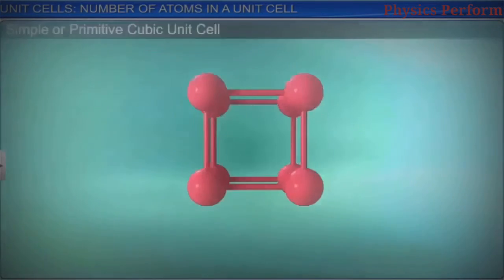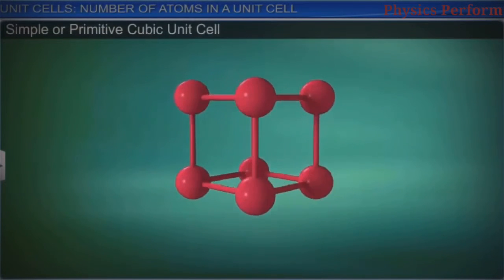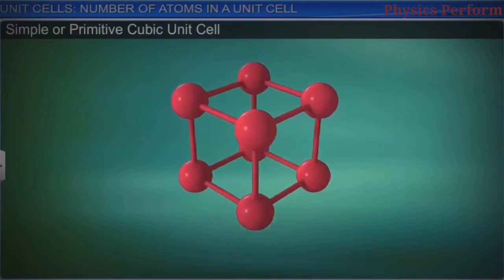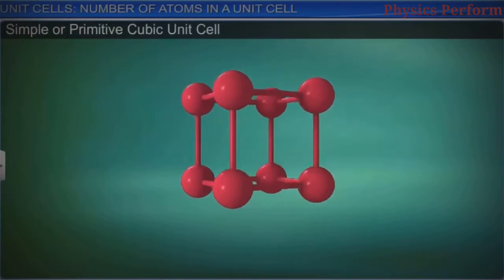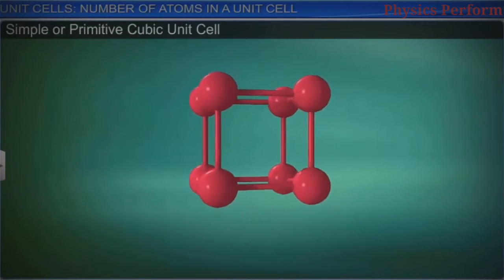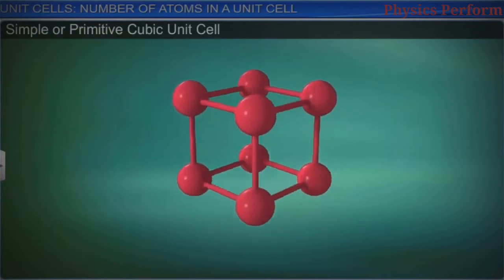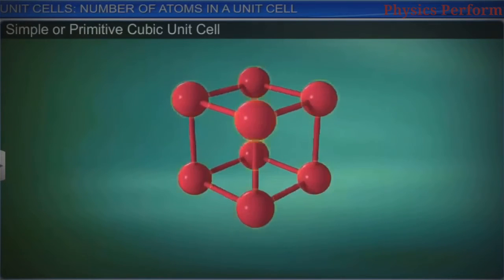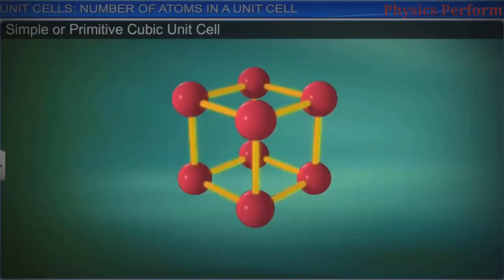Let's start with a simple or primitive cubic lattice. A simple cubic lattice consists of 8 atoms at the 8 corners of a cube. In the open structure shown here, the distances between the atoms are greatly exaggerated.